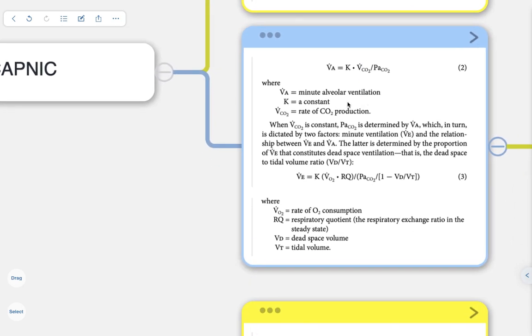In normal circumstances, if we consider that CO2 production is constant, we can say that the PaCO2 depends on the minute alveolar ventilation, which further depends upon the minute ventilation (VE) and the relationship between VE and VA. So, indirectly, we can say that the minute ventilation depends upon the VO2, that is the oxygen utilization, and the VD/VT ratio, where VD is the dead space and VT is the tidal volume.